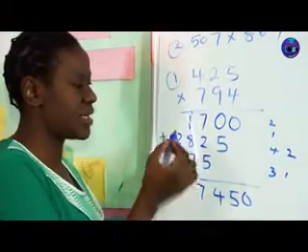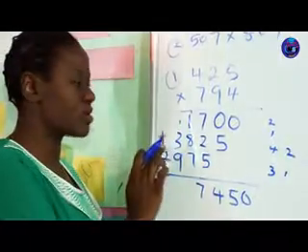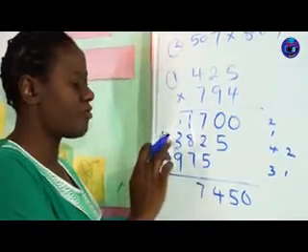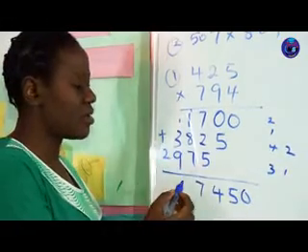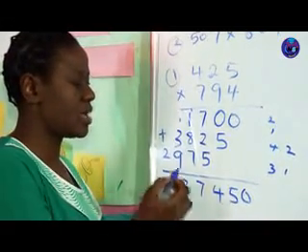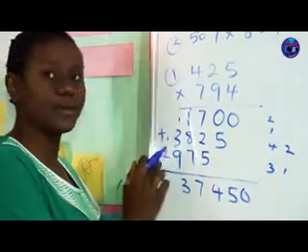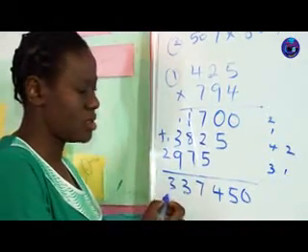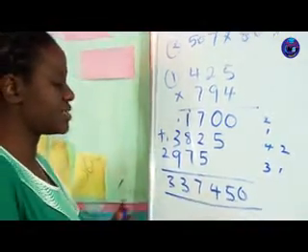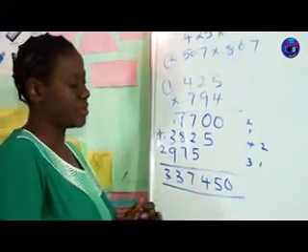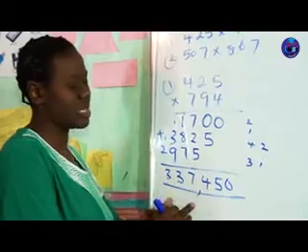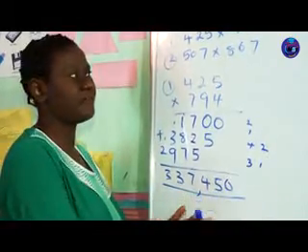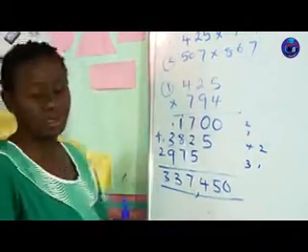Write down 7 and lift 1. 1 plus 3, 4. 4 plus 9, 13. Write down 3 and lift 1. 1 plus 2, 3. So the answer is 337,450. Let's go to the second question.